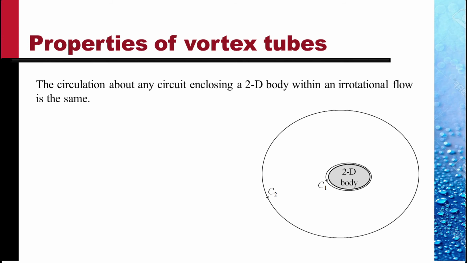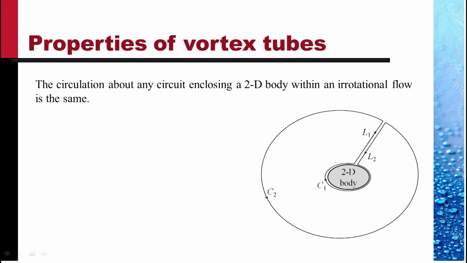Neither C1 nor C2 can be shrunk to a point, but we can artificially create a composite circuit, slit the space between the two circuits by two straight lines L1 and L2 and connect them to C1 and C2 in the manner shown.